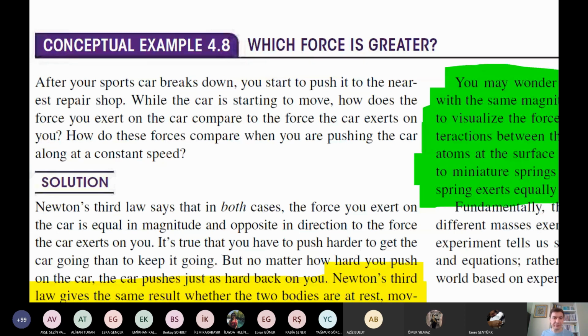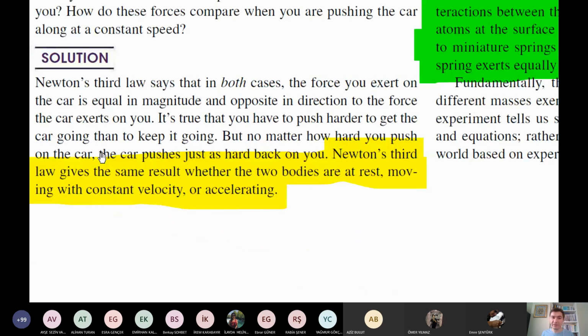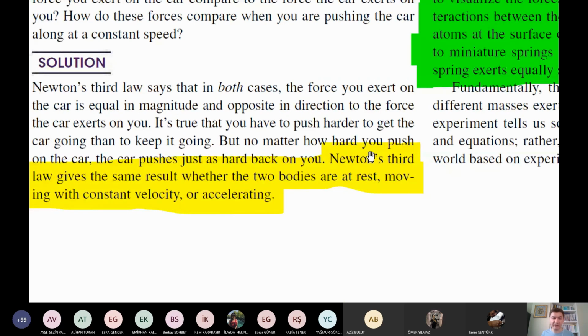Here, Newton's third law gives the same result whether two bodies are at rest, moving with constant velocity, or accelerating. So if you apply a force F on the car when the car is at rest, then with the same magnitude of force, the car applies back to you. And if the car is moving with constant velocity or accelerating, and you are applying another force on this car, then with the same magnitude of the applied force, the car applies a force on you.